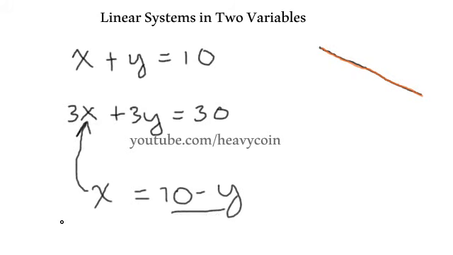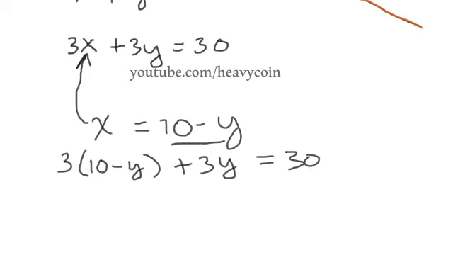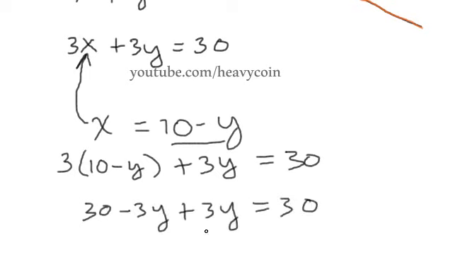So we'd have 3 times (10 minus y) plus 3y is equal to 30, and of course we want to solve for y in this problem, so let's see what happens. The y's cancel out, negative 3y plus 3y, and we're left with 30 is equal to 30. So you see both sides of the equation are equal to each other.